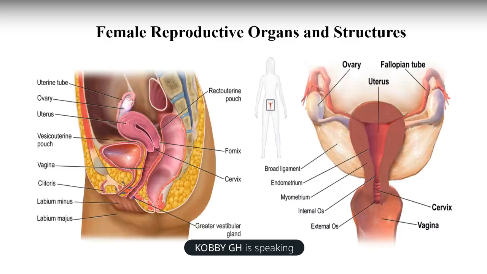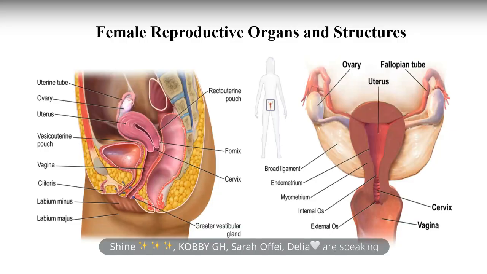And then here, you see from the cervix, you are going to the vagina. The opening between the cervix and the vagina, we call it external os. So in exams, we can put a statement like, that refers to the opening between the cervix and the vagina. What would be the answer? External os.